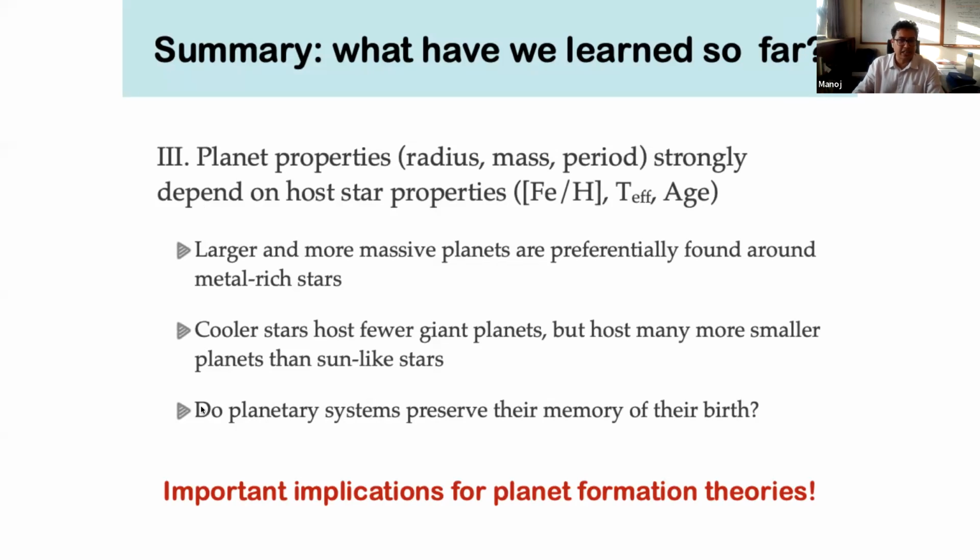One of the questions that comes out of these demographic studies, particularly with the correlation that we find, is that the planet properties correlate very strongly with the host star properties. Why is that? Do planetary systems preserve their memory of their birth? This is something that's strongly debated in the literature. Otherwise, why should you have such a correlation?